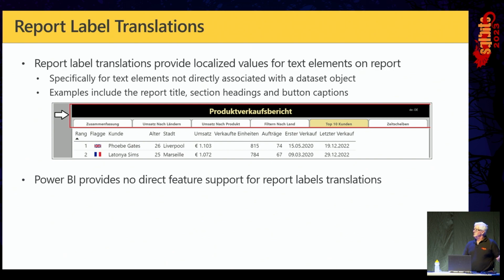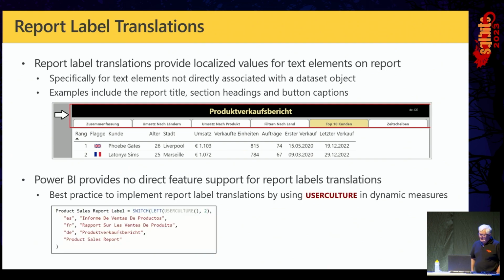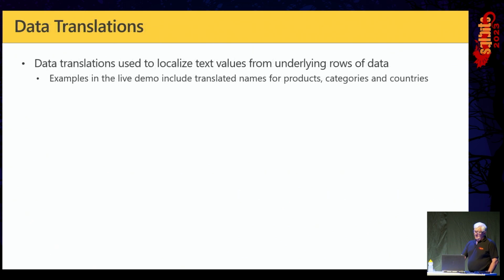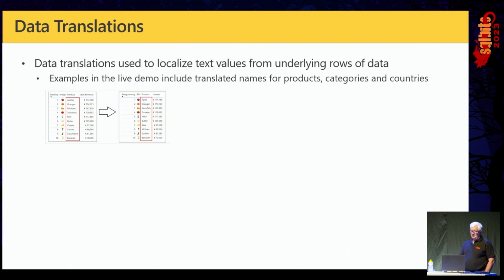There are many different solutions, and I'm going to provide one possibility. And it's going to build on top of this idea of using user culture and being able to have a measure that dynamically decides what text you should get, given what it sees in the language that's part of user culture.